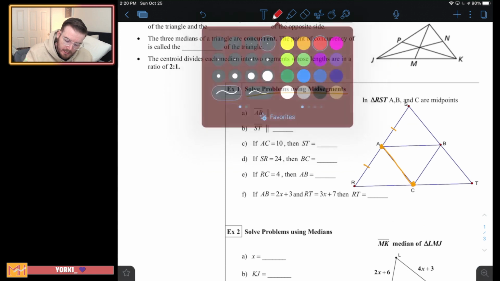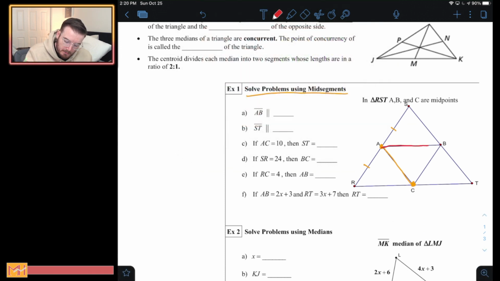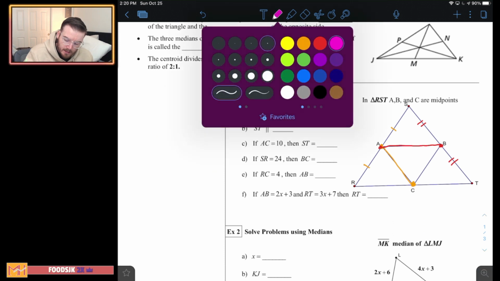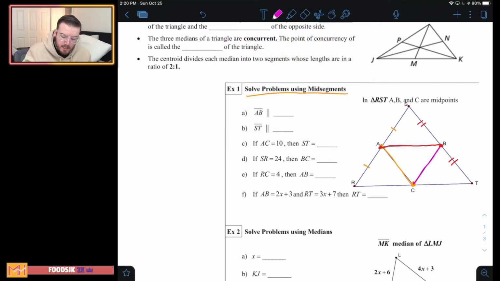And if this is also a midsegment, we already know that A is a midpoint. Well, that means B is a midpoint. If B is a midpoint, that means that BS and BT are the same length, because B is in the middle. And BC is a midsegment, right?